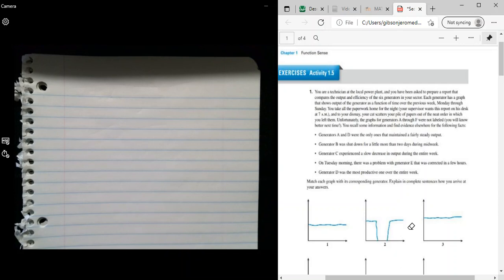You take all the paperwork home for the night. Your supervisor wants this report on his desk at 7 a.m. And to your dismay, the cat scatters your pile of papers out of the neat order in which you left them. Unfortunately, the graphs for generators A through F were not labeled. You will know better next time.